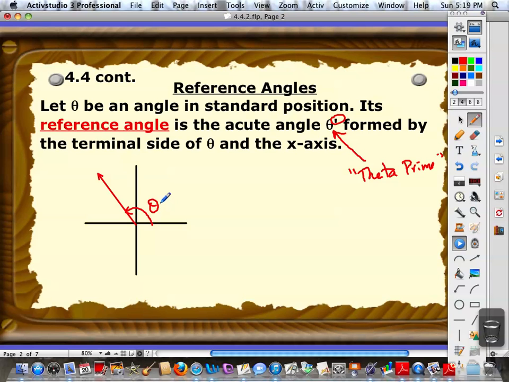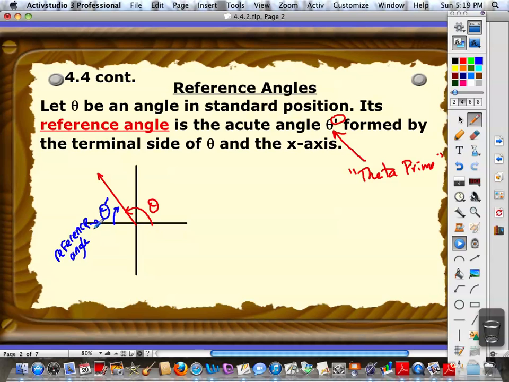When we talk about theta prime, which is the reference angle, it is formed by the terminal side, the red ray there, and the x-axis. So this angle right in here is theta prime. There is my reference angle.